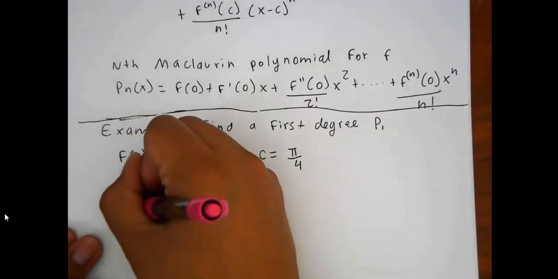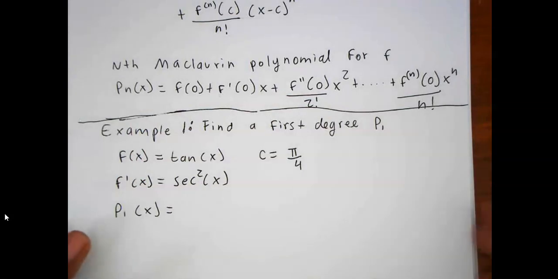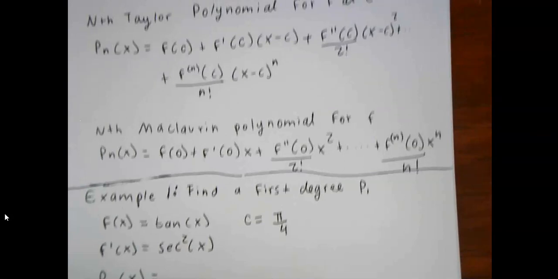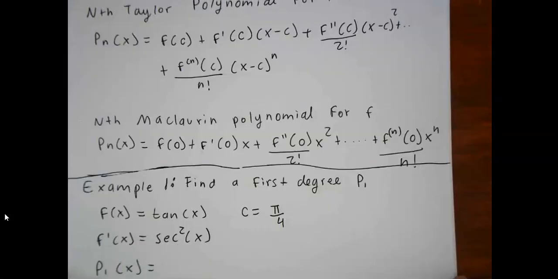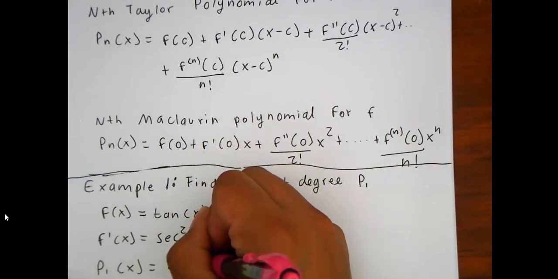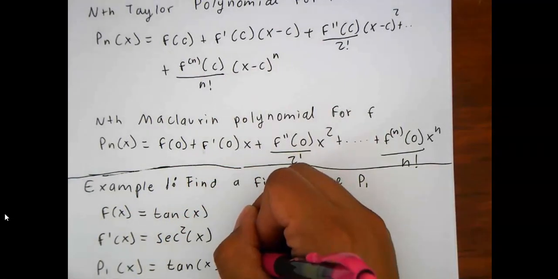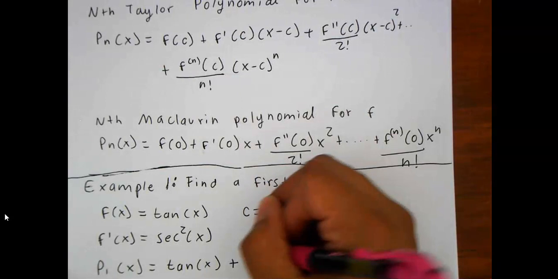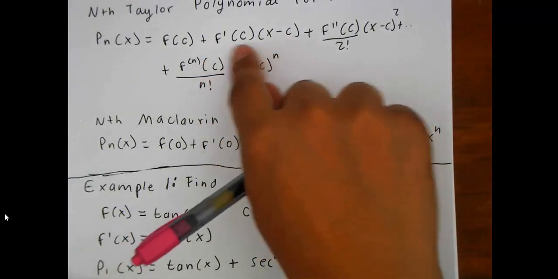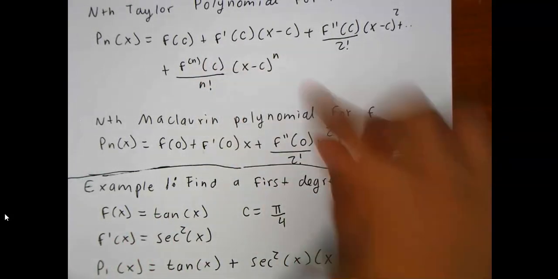So P1 of x will be the function, tangent, plus the first derivative, secant squared, times x minus c.